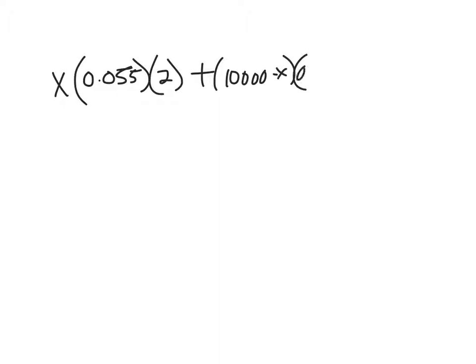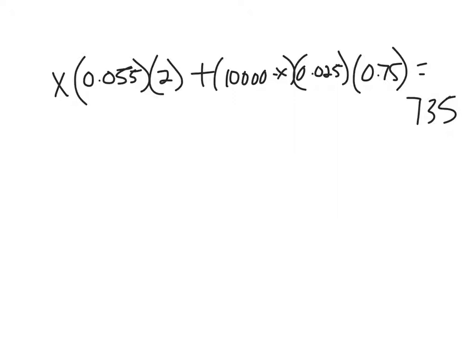But we have x times 0.055 times 2, and we are going to add that to the other institution, which is his friend in this case, and that was again 10,000 minus x times 0.025 times 0.75 equals that total, $735.